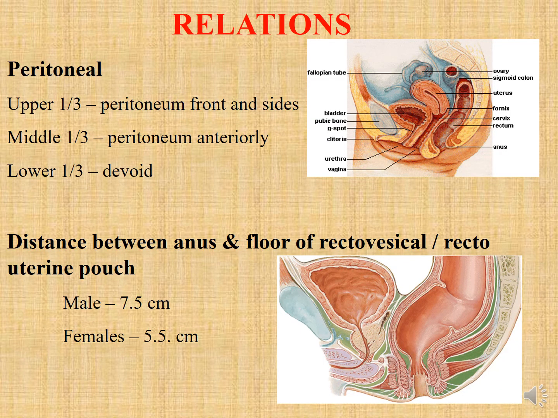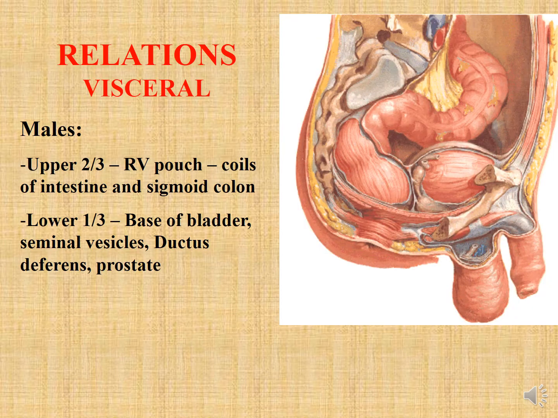So coming to the relations. After the peritoneal relations, we come to the visceral relations. Anterior relations, first of all, we'll talk about in males.